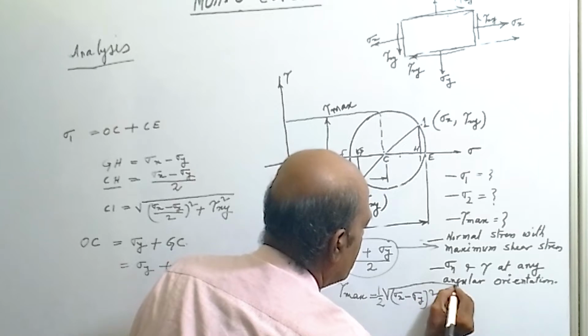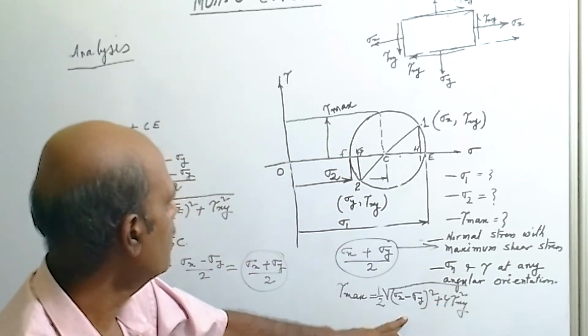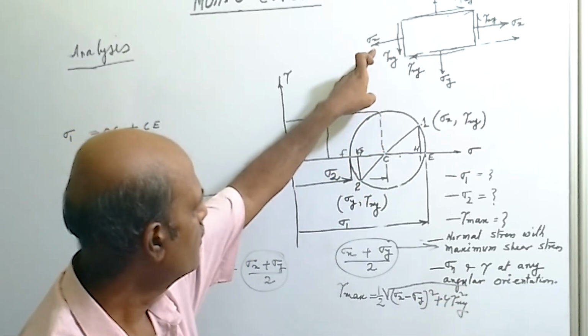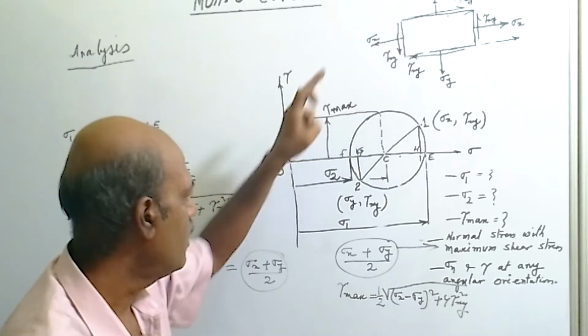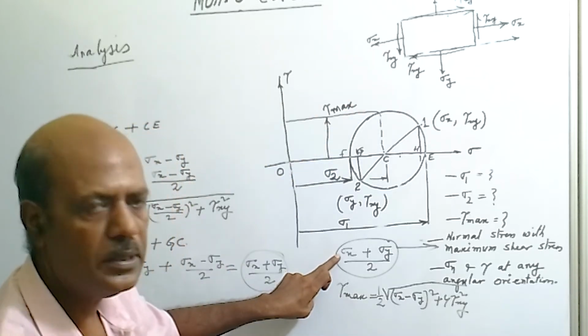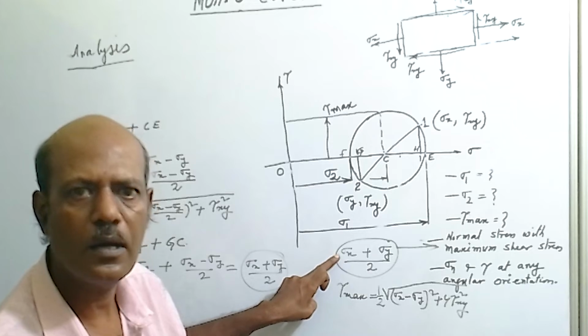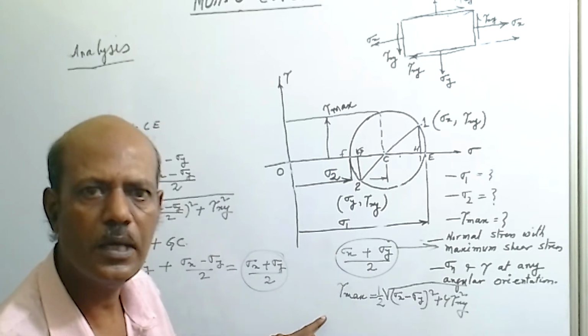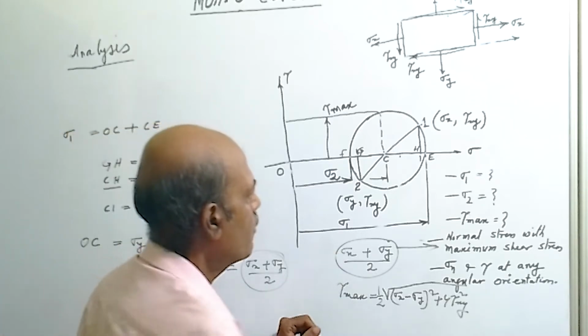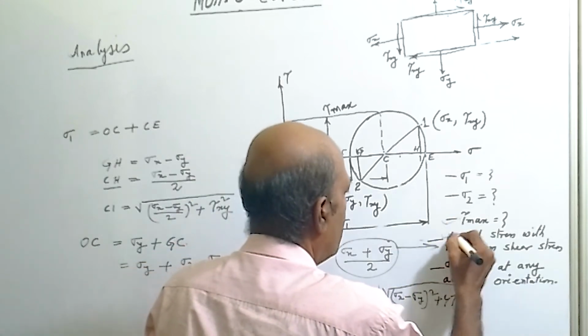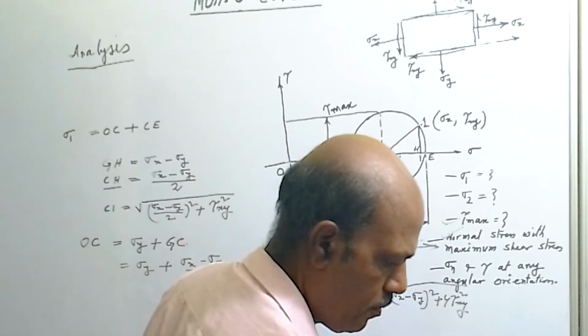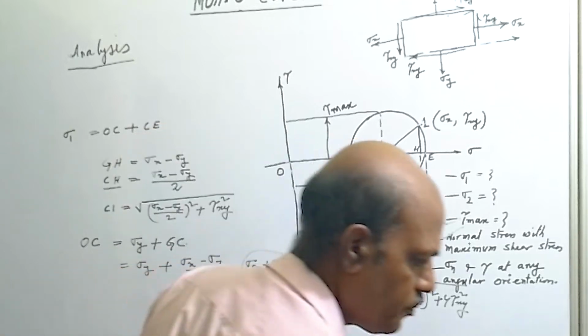So this is the maximum shear stress that occurs in this stress system, and this is the normal stress which occurs along with this shear stress plane. So we have got these two. Now we will see the sigma 1 and sigma 2 values.